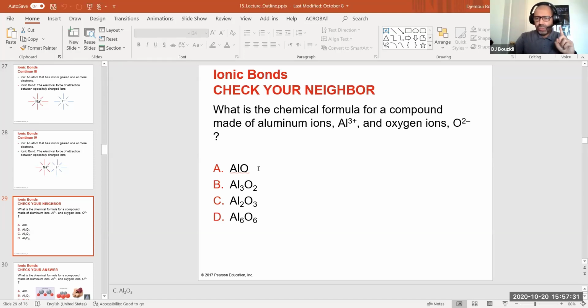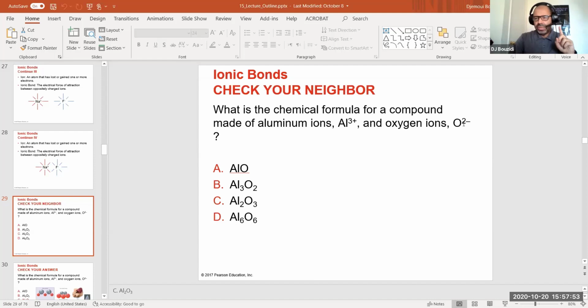So that is not neutral. I need to neutralize both of them. If I multiply this by 1 and this by 1 and add them together, I have positive 3 minus 2, so it's still positive 1. So this is not a valid bonding in this case. Do you guys understand? A is not correct. How about if I bring 3 aluminum and 2 oxygen? 3 times 3 is positive 9.